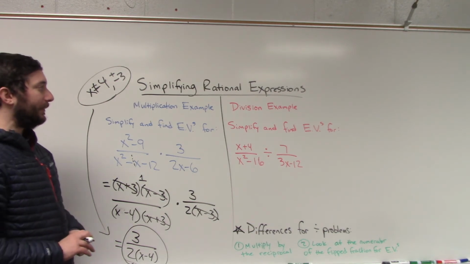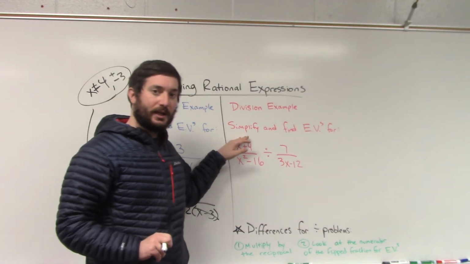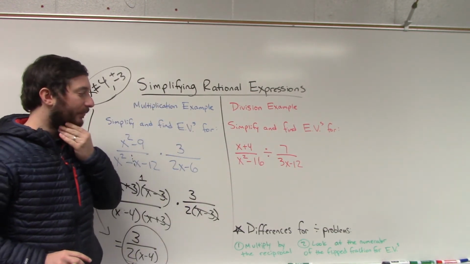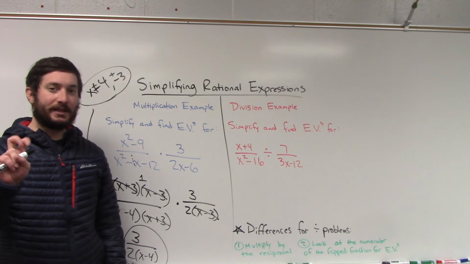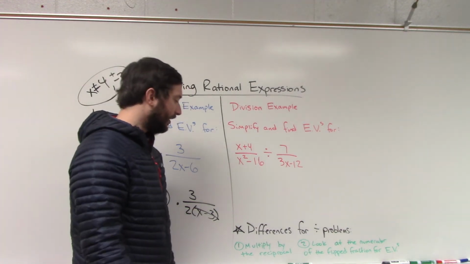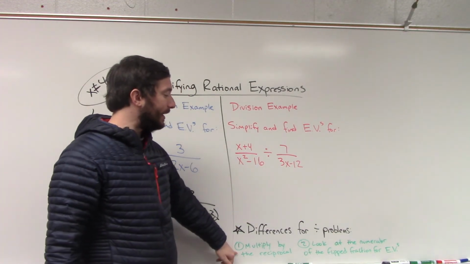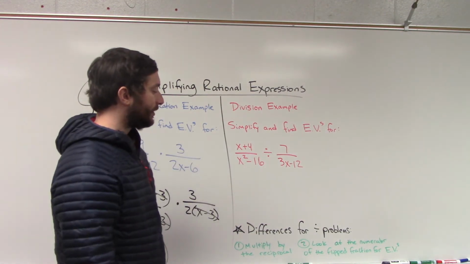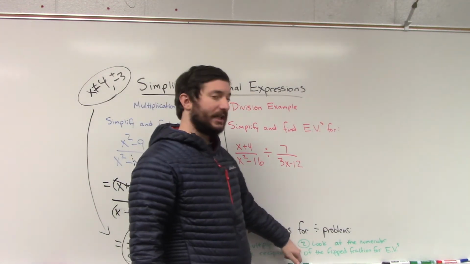One more type of problem that we can do simplification with when it comes to rational expressions is division. So for division problems, there's two main differences here. That's that we're going to need to multiply by the reciprocal, number 1. And when we look for excluded values, we will have to look at what has been flipped.